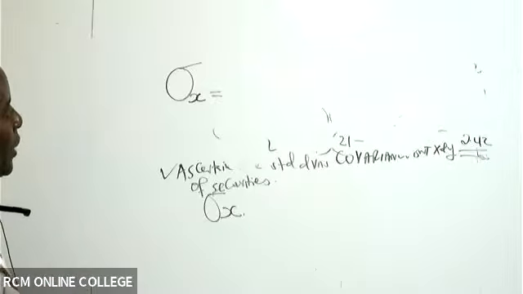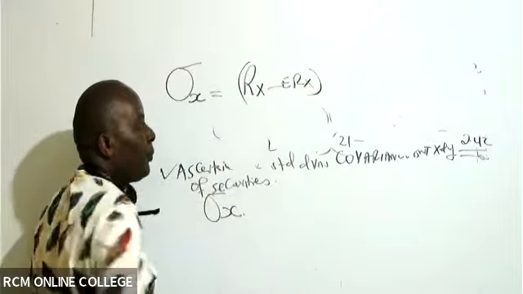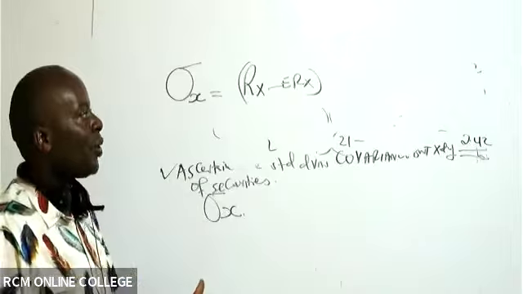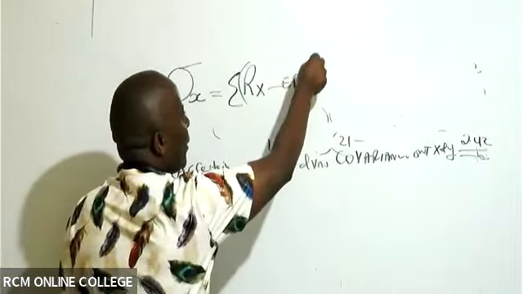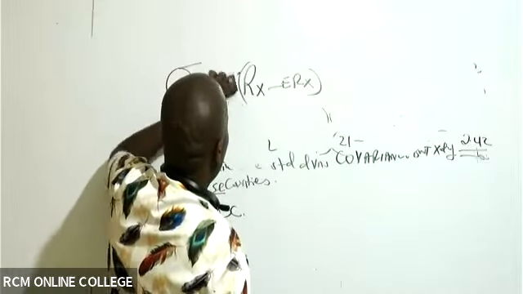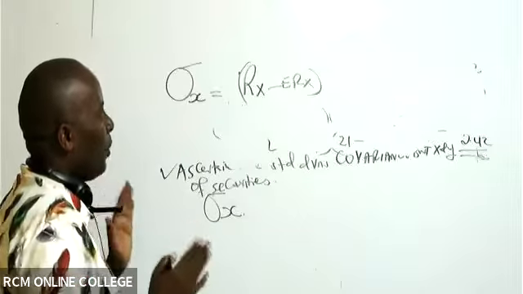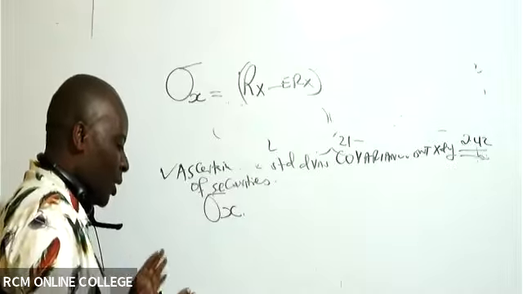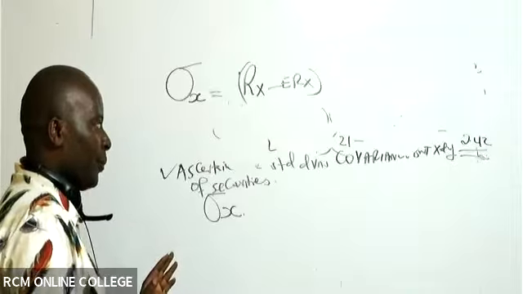How do we get deviation of X? It's very easy. You take Rx minus ERx, because deviation means subtraction: actual returns minus expected returns. This must be in terms of sum of squares. Very, very important: deviation means the difference between two returns, the actual returns given in the past paper minus the expected returns.